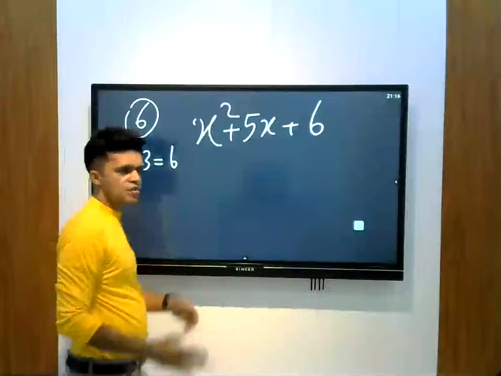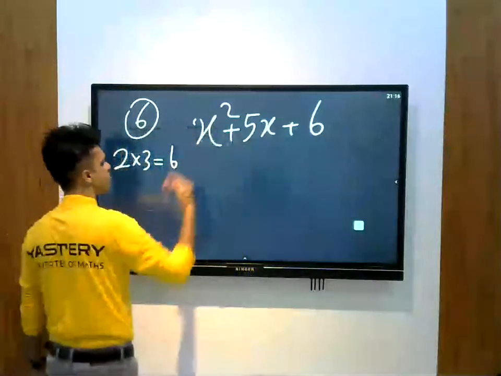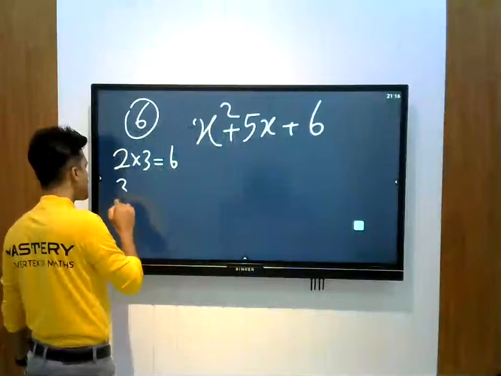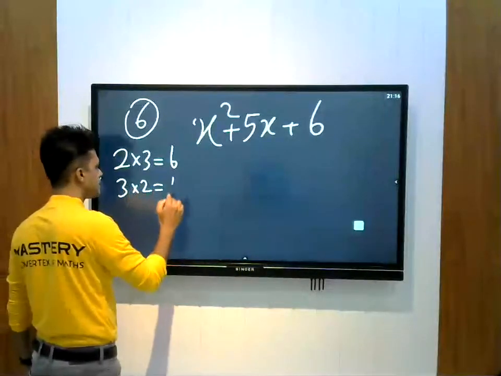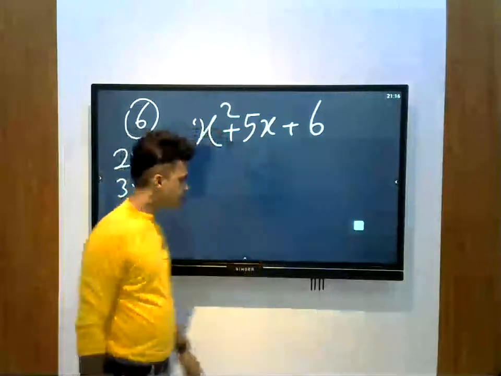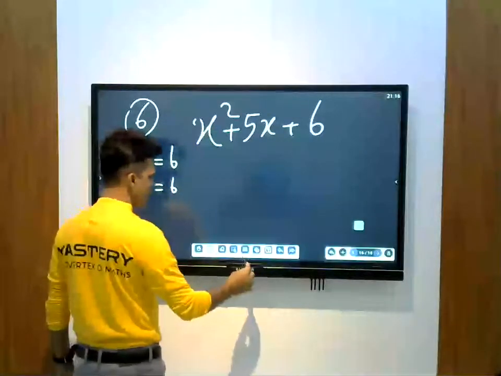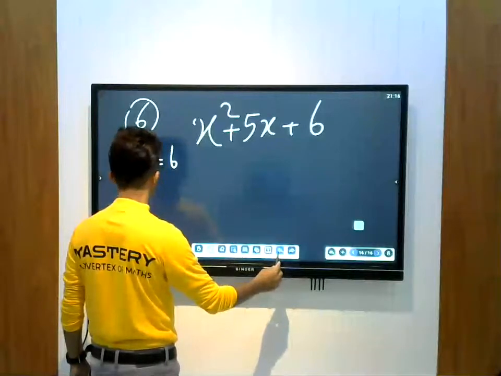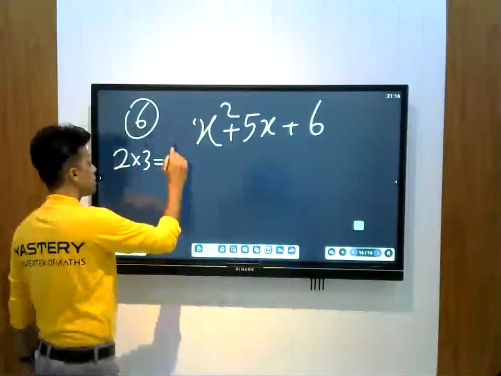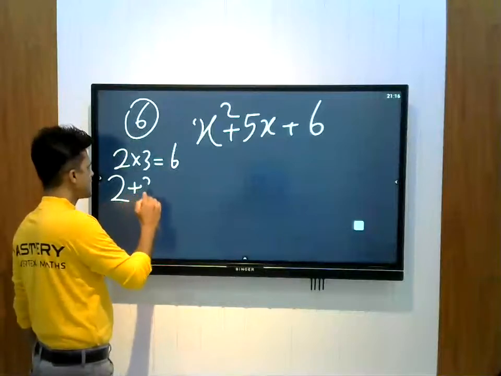The other factors we are not taking, because they are unable to give 5. 2 times 3 and 3 times 2 can be considered. Then let's take 2 and 3. 2 times 3 is 6. When you add 2 and 3, 2 plus 3 is 5.